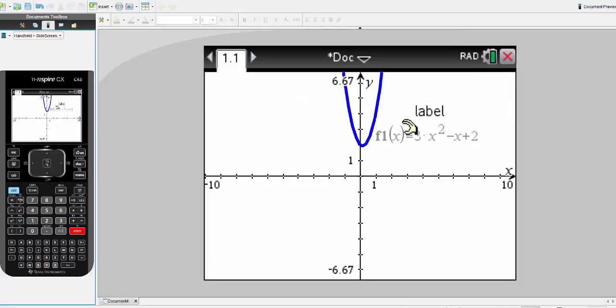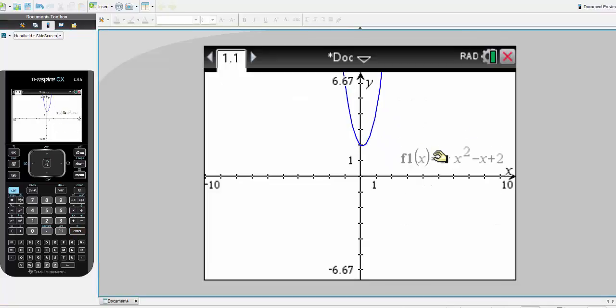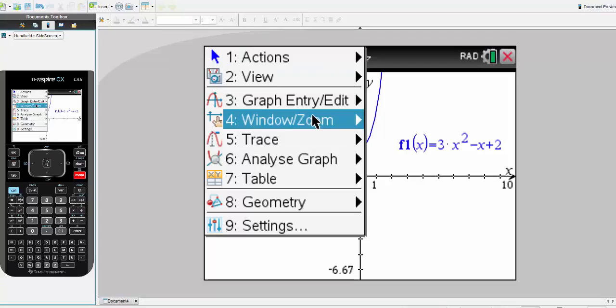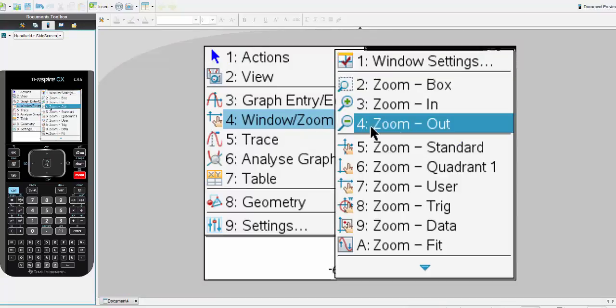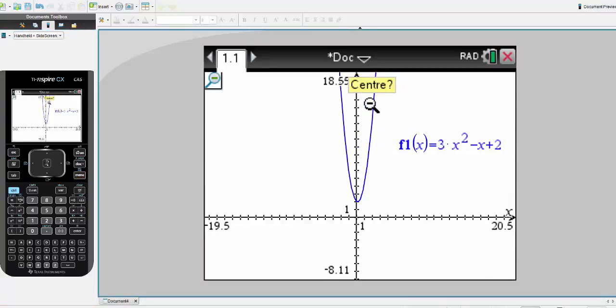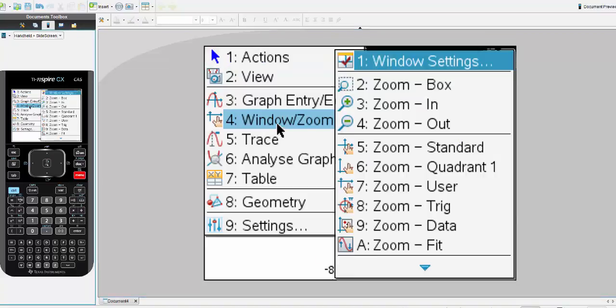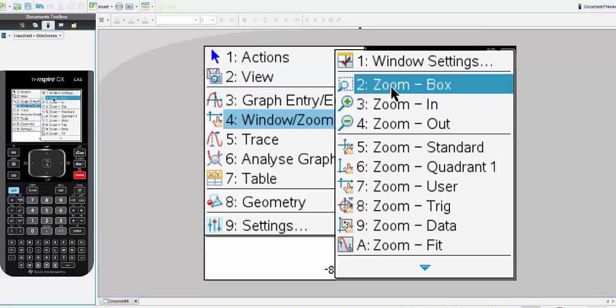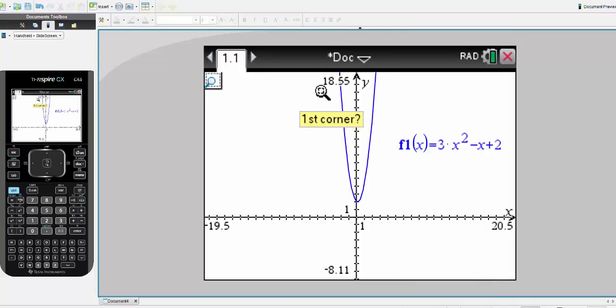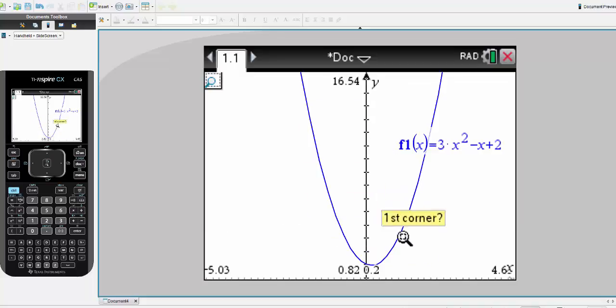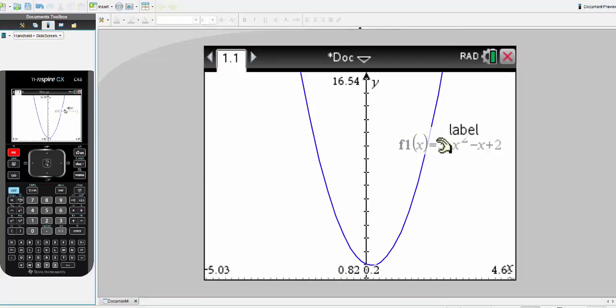And then maybe we can zoom out a little bit. Zoom out, and then we can use the box zoom. We click up here for the first corner, then draw a box and then the second corner, because this is the most interesting part. Click escape to go out of the zoom mode.